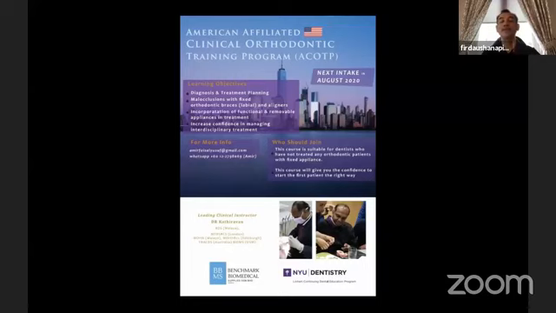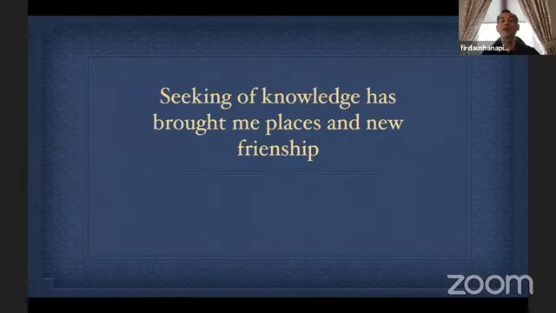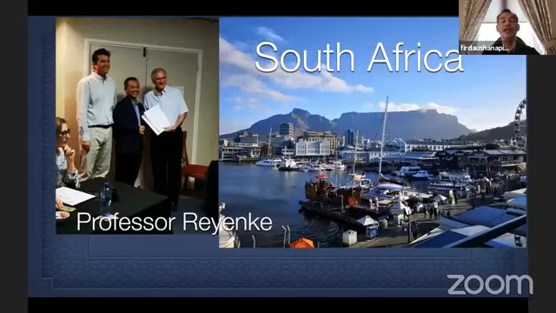This is my oromaxillofacial team, Dr. Kati, myself, a few, Dr. Hazmi is there. We've worked together very well. Seeking knowledge has brought me places and new friendships as well. I've learned from the masters, this being Professor Rienke in South Africa. We were with him for about a week, myself, Dr. Kati.